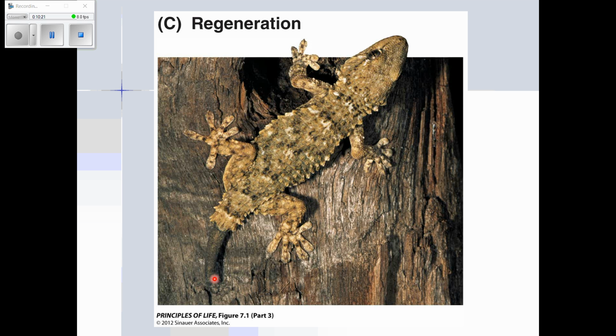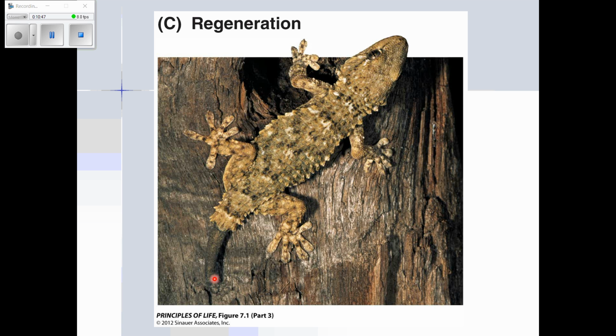Now, you might not be able to grow a limb if you ever have a limb that's severed, but we do have in our bodies, and plants have this ability as well, the ability to regenerate or repair damage. Every time you've ever had a cut, the skin eventually grew back.